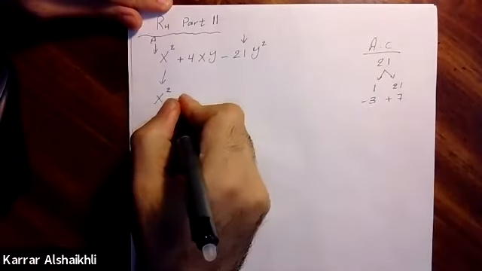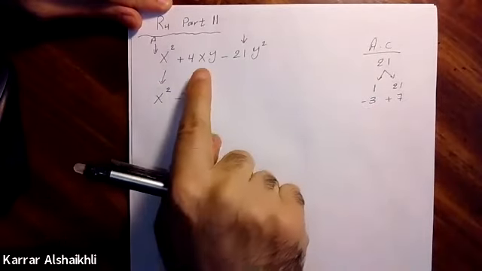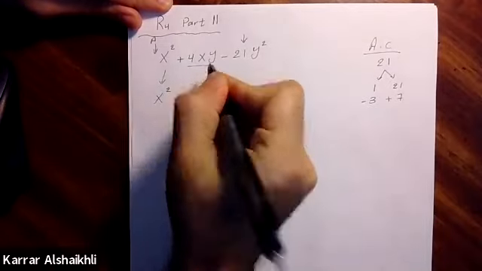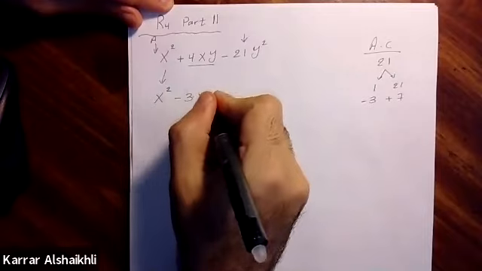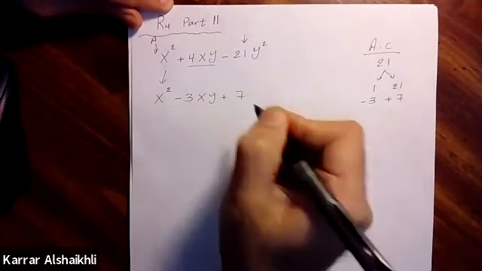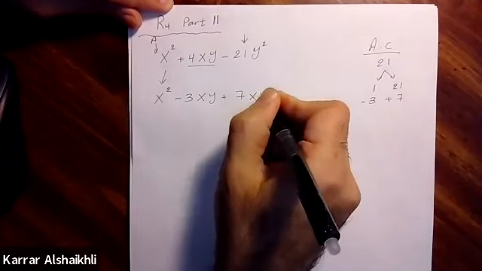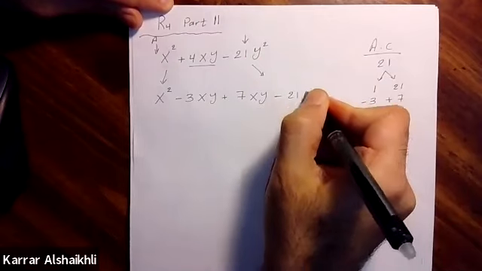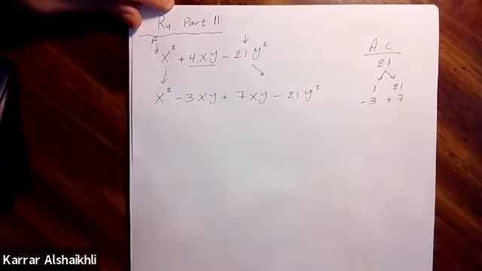So now here is the first term, minus 3. Don't forget you have to put xy because the middle term contains xy. So xy plus 7, also xy, and minus 21y squared.